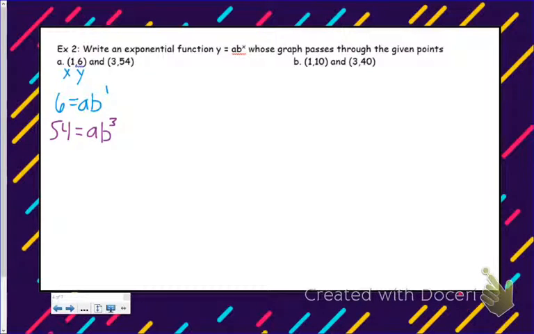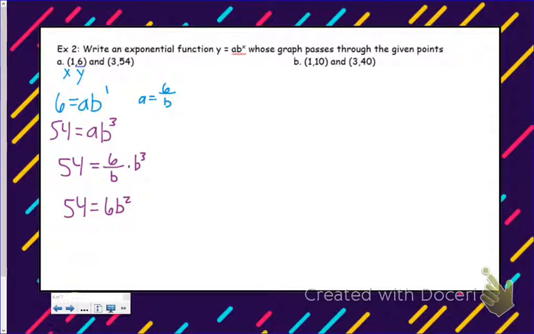In order to solve for this, I'm going to solve for a in that first equation. To get a by itself, I would divide. So that's 6 over b. Then I'm going to replace a with that value. So I have 54 equals 6 over b times b cubed. And if I have b cubed divided by b, I can subtract those exponents. So I get 6 times b squared.